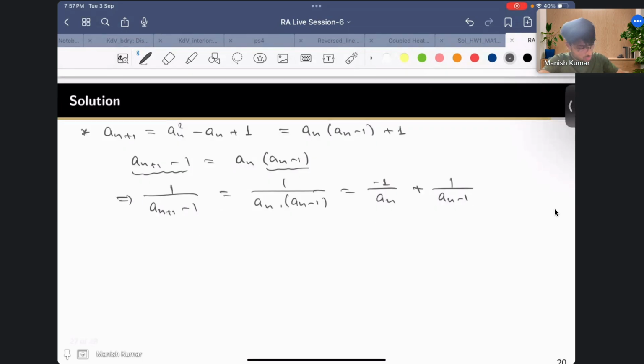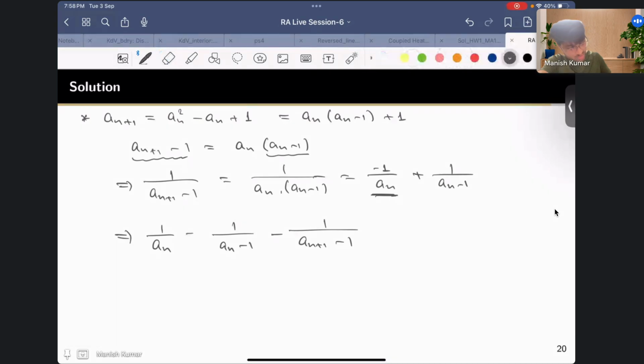So now 1 by a_n can be written as 1 by a_n minus 1, minus 1 by a_{n+1} minus 1. So this is how 1 by a_n looks.